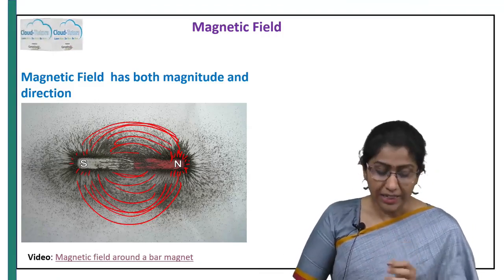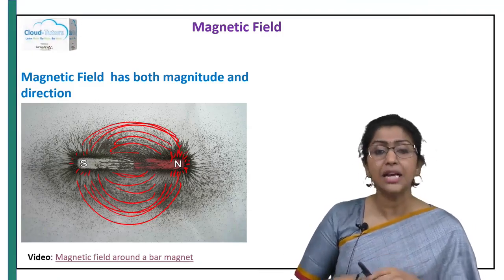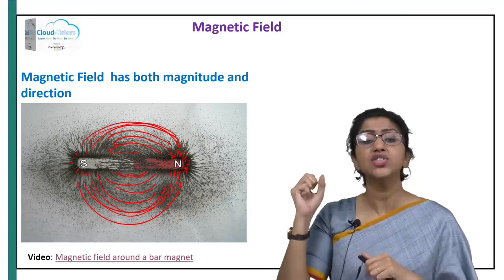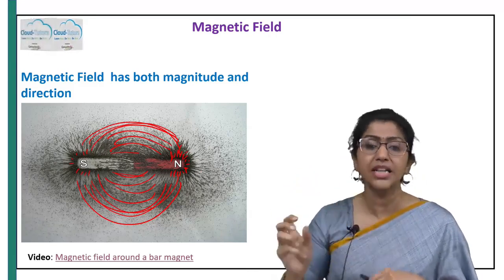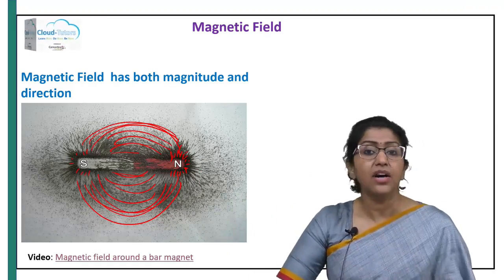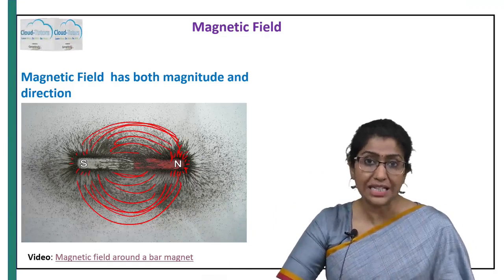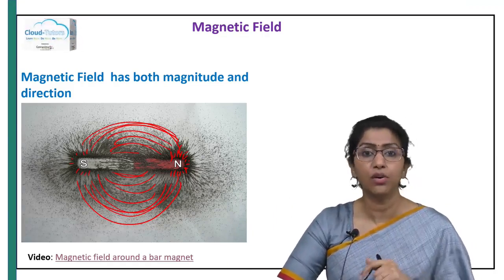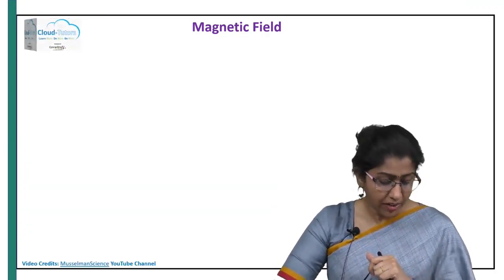Another thing to notice here is magnetic field strength is the strongest at the poles. That is exactly the reason why the iron filings have stuck so closely and densely to the north pole and south pole of the bar magnet. Alright.